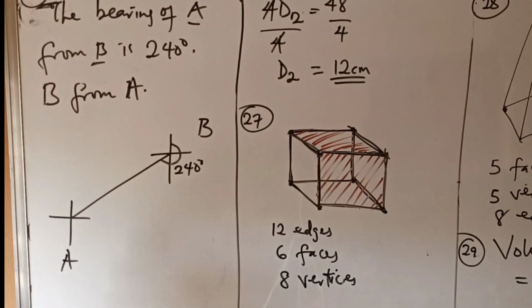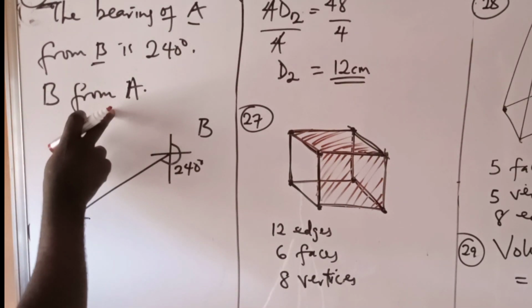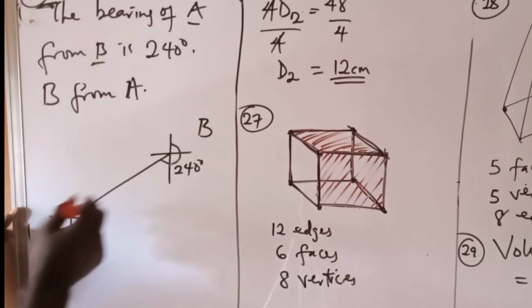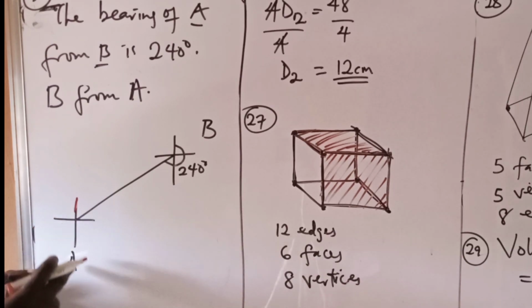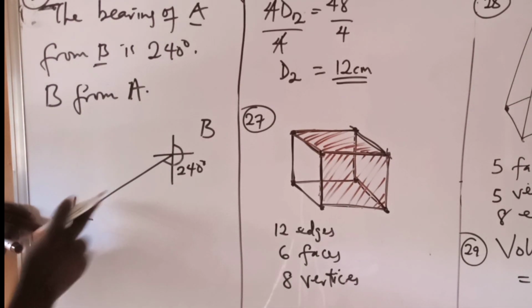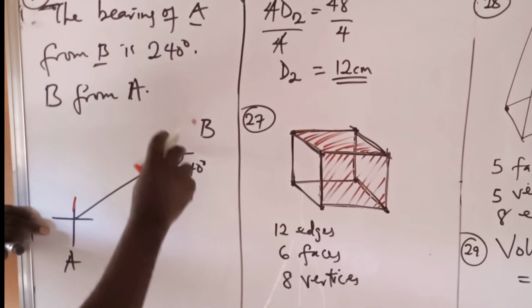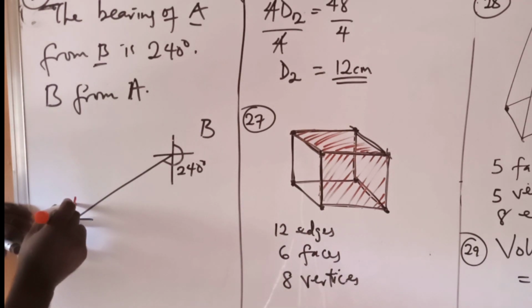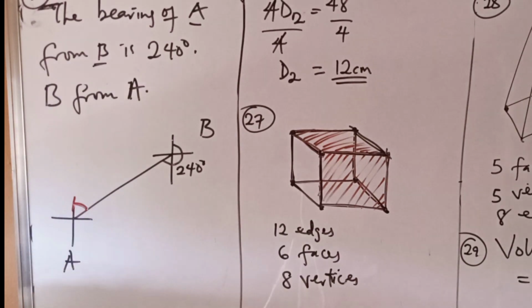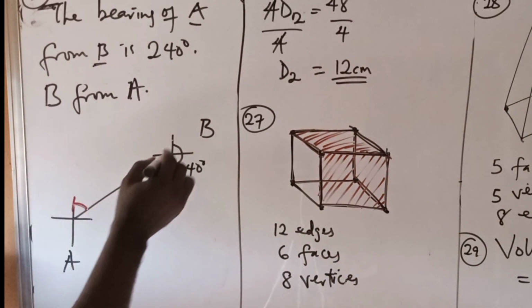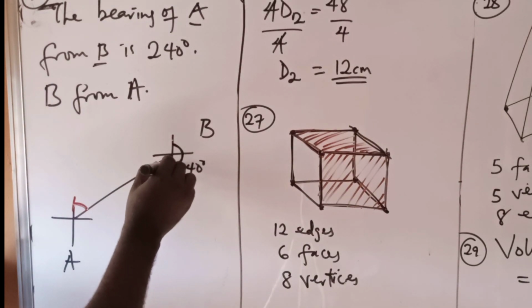So having sketched this, the next stage is now to find the bearing of B from A. That is, our starting point will then be A. So we are starting from A to B. Here you are starting from B to A. So we start from the North Pole and move to this side. So we are looking for this angle. From here to here is 180.